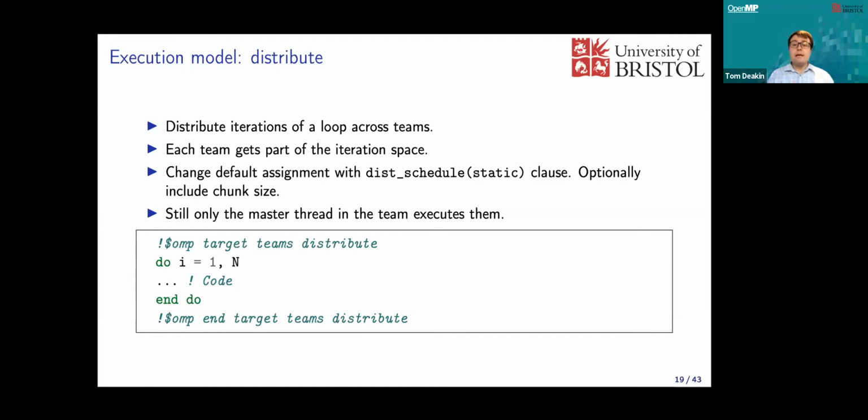It's going to use a static schedule, which is basically breaking that iteration space up into n divided by the number of teams, and each team is getting a chunk of that work. So this is now being able to distribute a loop and splitting the work to do within this target region between these parallel teams. We still only have one thread in each of our teams, this master thread, and that's going to execute each of those chunks of the loop.